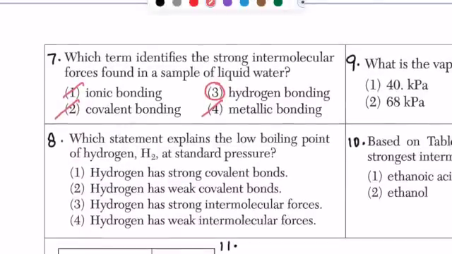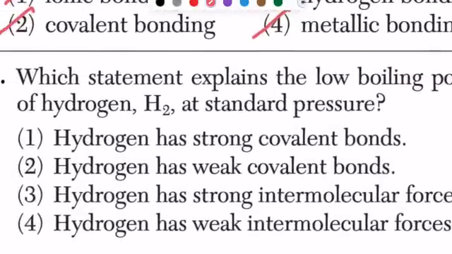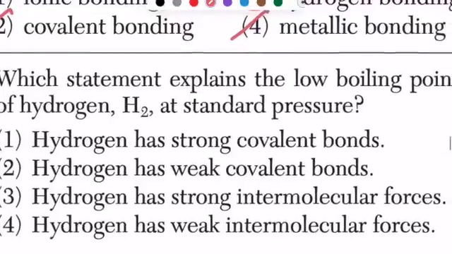Which statement explains the low boiling point of hydrogen at standard pressure? So hydrogen has strong covalent bonds. Hydrogen doesn't have covalent bonds, at least not strong, because it is non-polar when you have 2 hydrogens. So hydrogen has weak covalent bonds, hydrogen has strong intermolecular forces, hydrogen has weak intermolecular forces.